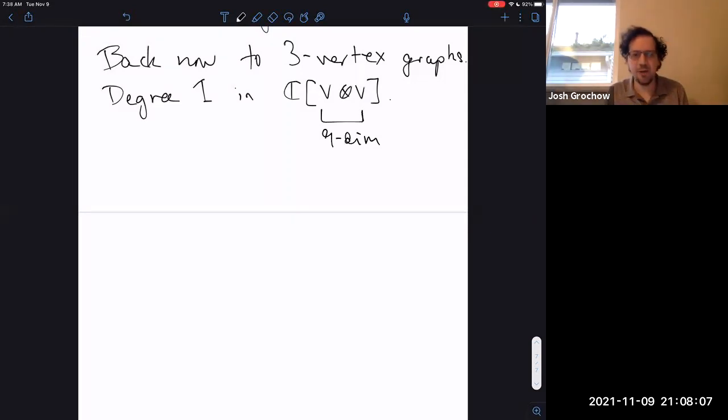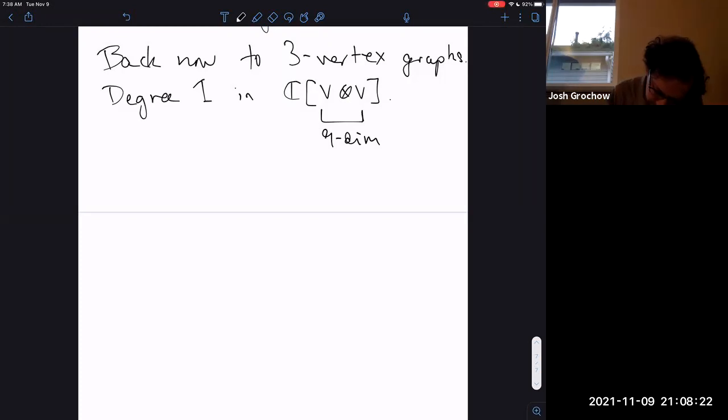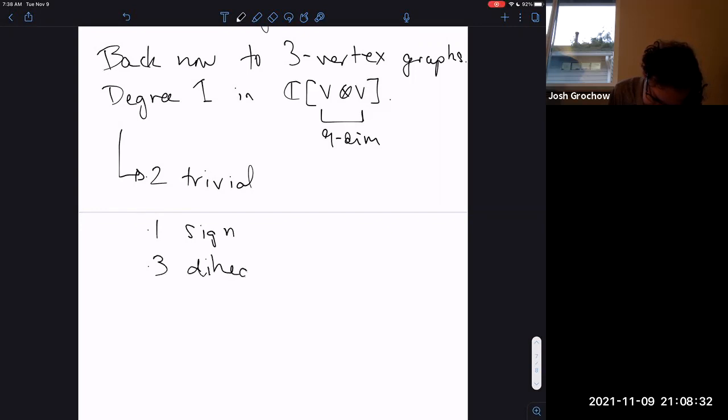And we said we have 3 irreps. We have a trivial, we have a sign, and we have the dihedral, which is 2-dimensional. And I claim to you, after a little bit of calculation, that there are 2 trivial reps, and I'll tell you what they are, 1 sign rep, and 3 dihedral reps in here.